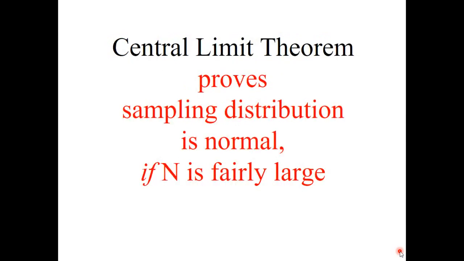There's a famous mathematical proof called the central limit theorem. The central limit theorem proves that the sampling distribution must be normal, or very nearly normal, if n is fairly large. The central limit theorem is one of the most famous proofs in statistics, and you should remember its name and what it proves.